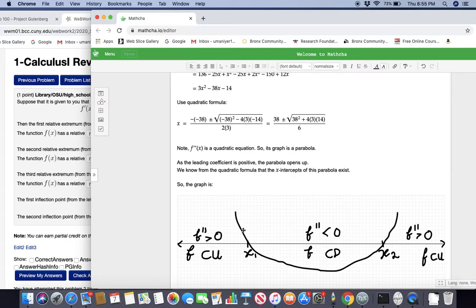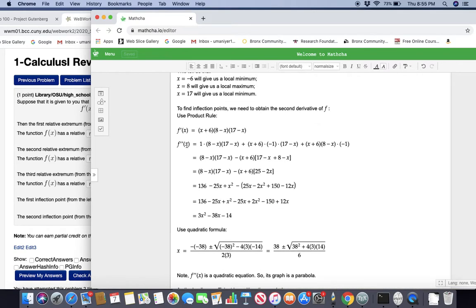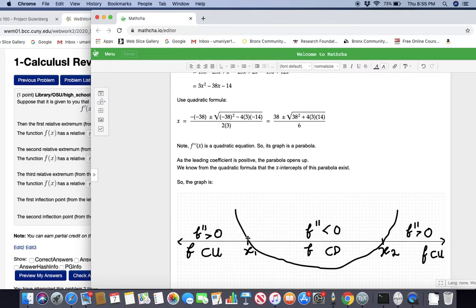It's positive. So I really don't know the values, but I know the picture is going to look something like this. The point is, to the left of my first x-intercept, I'm above the x-axis. That is the second derivative, which is what all of this was. Second derivative is positive to the left of x1.